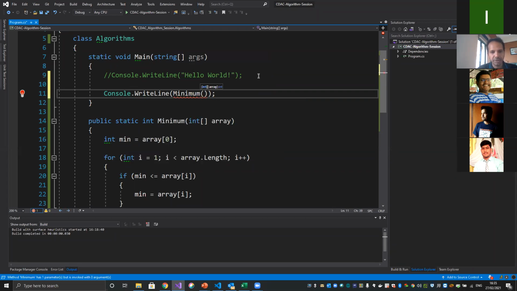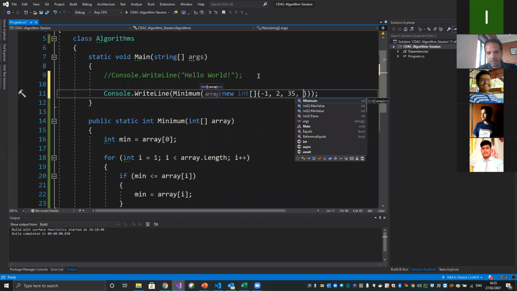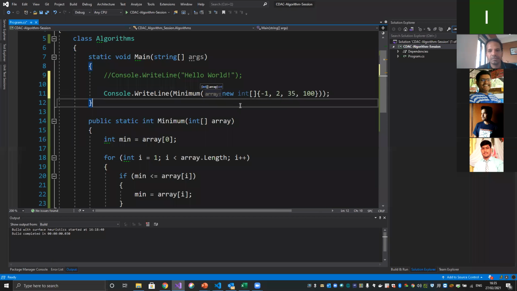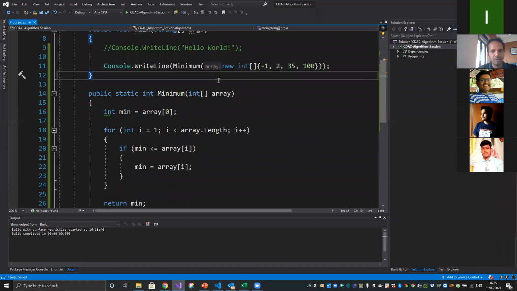I'm calling this function here, and I'm going to send in an array. We initialize our array to, let's say, -1, 2, 5, 10, 100. And we run this, Control F5.